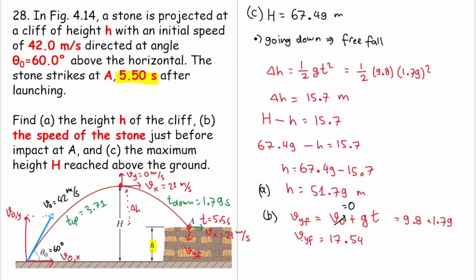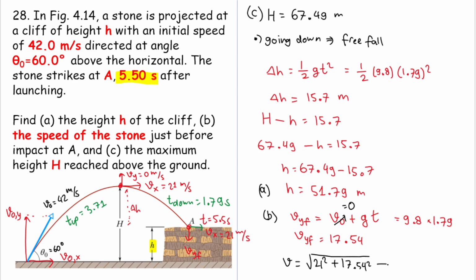But remember, this is the vertical velocity. To get the total speed, we need the Pythagorean theorem. So V is equal to the square root of Vx squared, 21 squared, plus 17.54 squared.